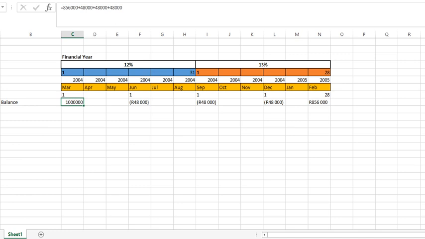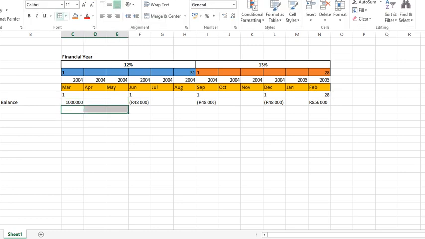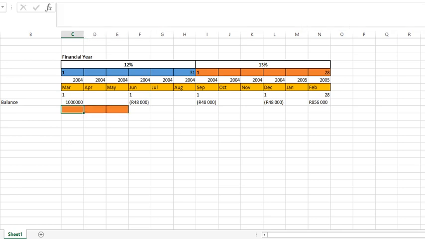So what is it that we need to do? We need to look at the period from the 1st of March up until the 1st of May. During this period, our loan amount was R1,000,000.